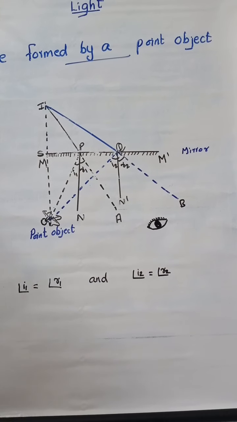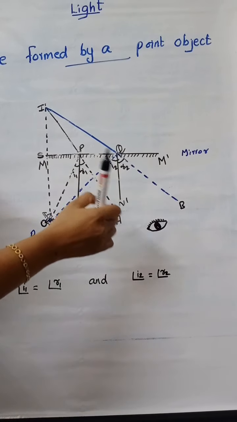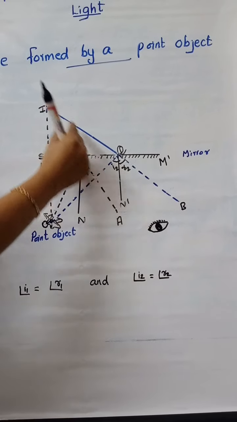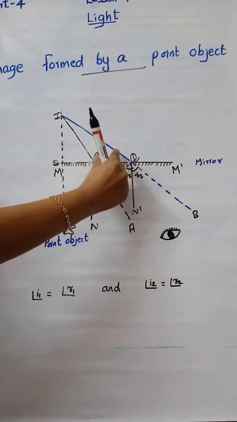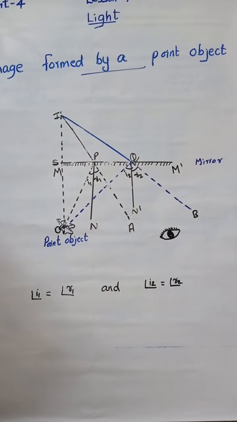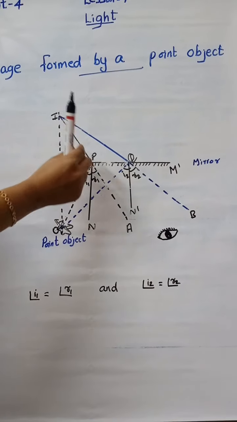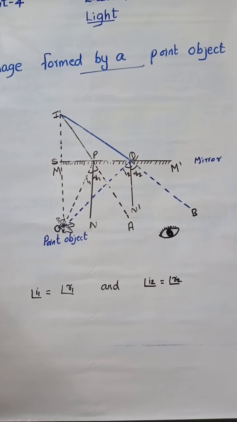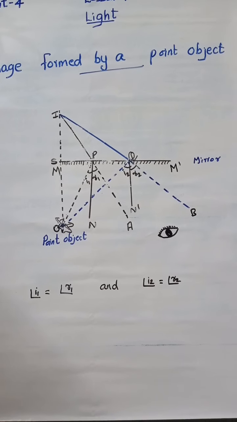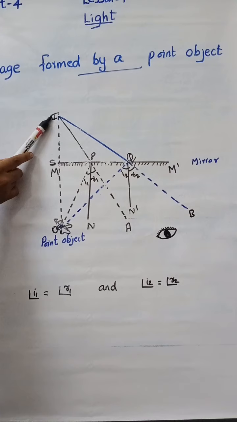If the reflected rays PA and QB are produced backwards, so this is the back portion of the mirror, they meet at a point behind the mirror, and that point is I. This is the point where these rays seem to be coming from, or the point where the image of the object O is formed.